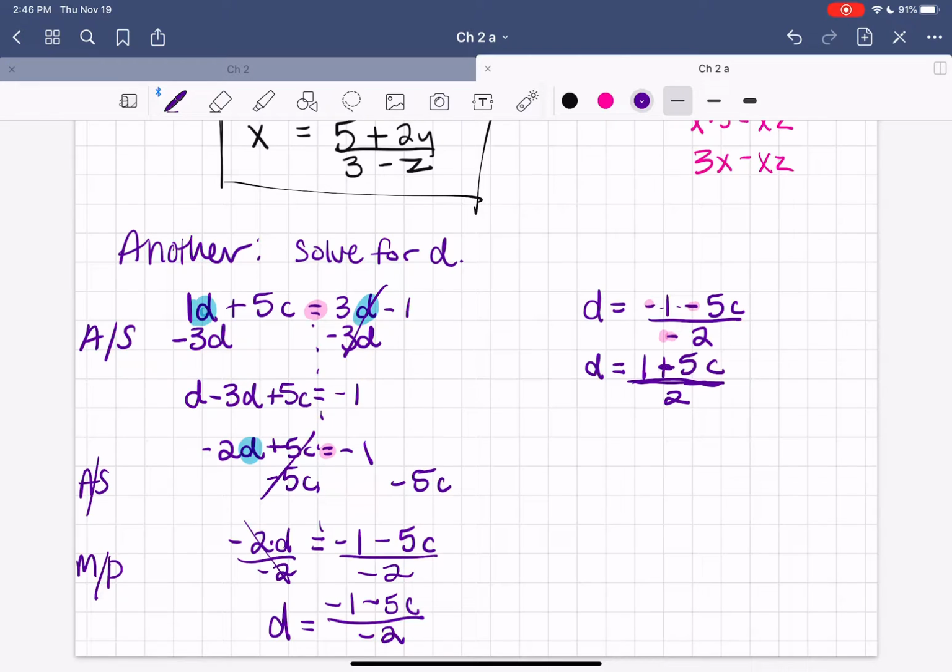If not today, I'll do that tomorrow. So you can understand where I'm coming from with that simplifying, okay? I will post something. So really our final answer that we wanted to give is d equals 1 plus 5c divided by 2.